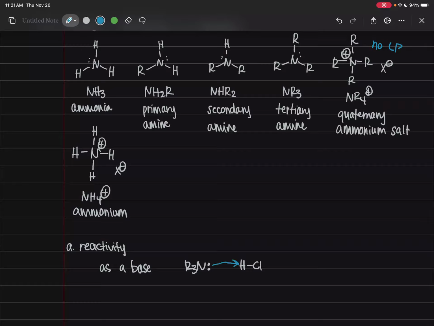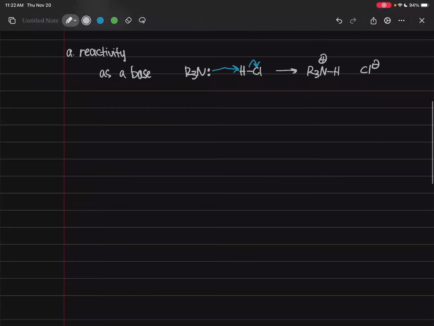So we're just going to deprotonate the acid. We protonate the amine and make an ammonium salt, and then we have a chloride anion to go along with that. So amines make pretty good bases.